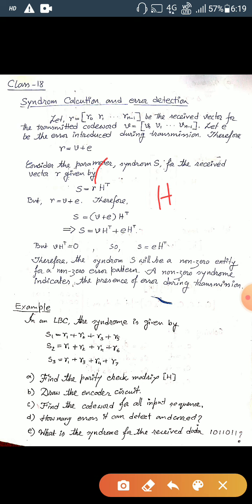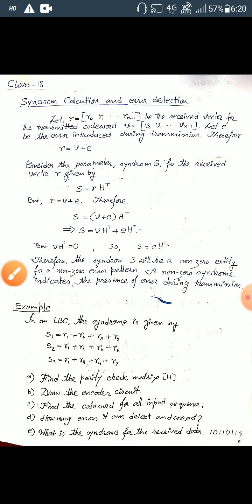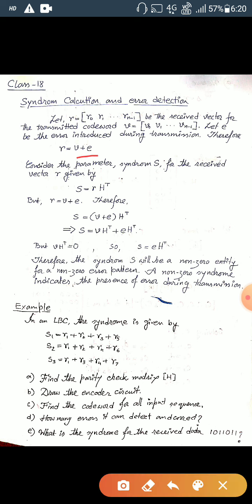If you put the value of R, and we already know that R is the summation of V plus E, then the syndrome equation can be rewritten as S equal to (V plus E) times H transpose, which is S equal to V H transpose plus E H transpose.